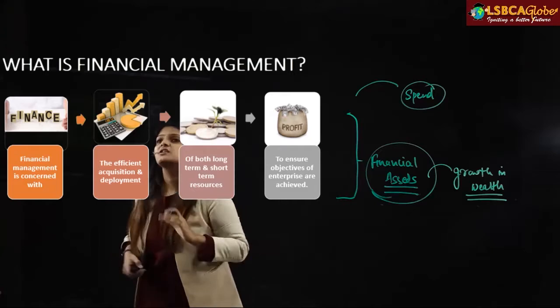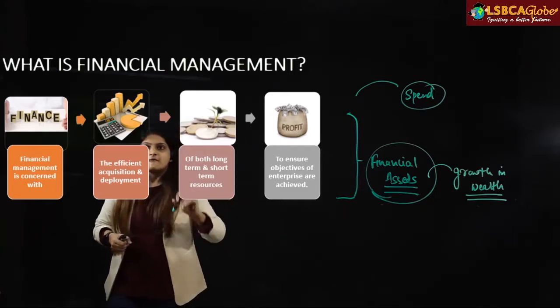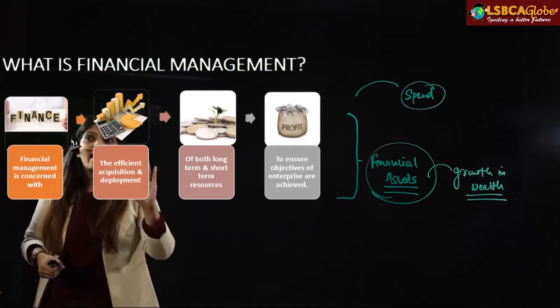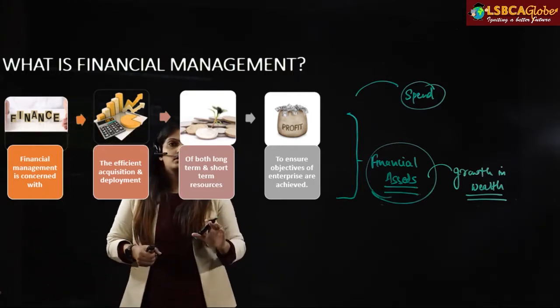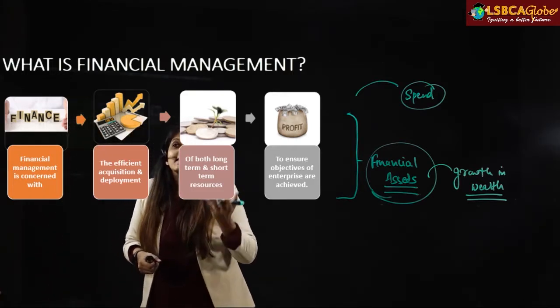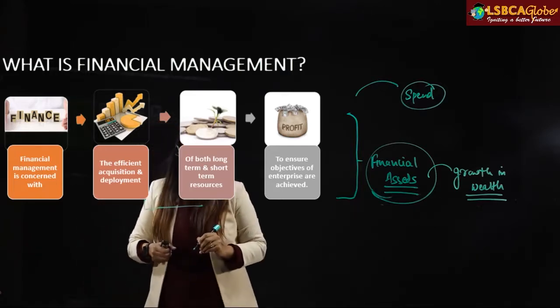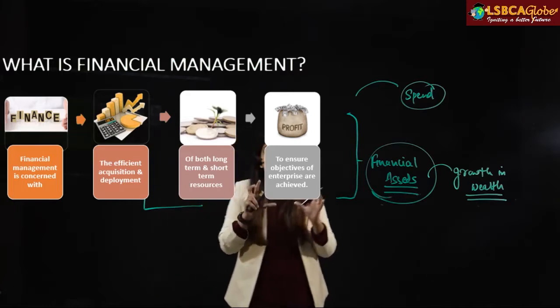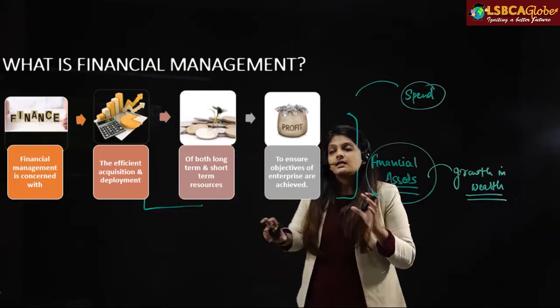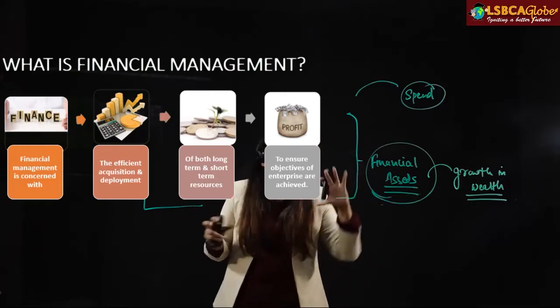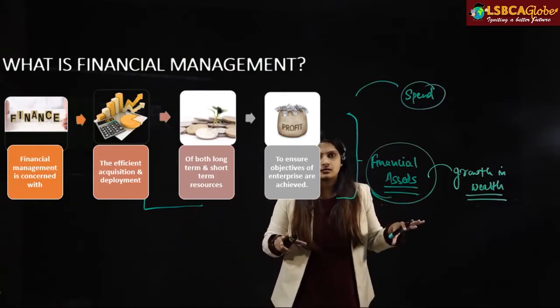So what is financial management? Financial management is acquisition. It is acquiring some resources. The basic meaning of financial management is to acquire or to deploy some resources in an organization.